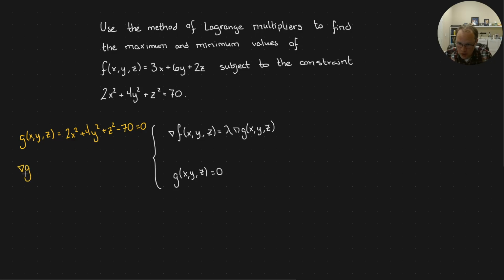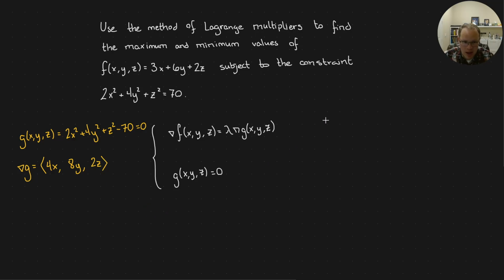And then we need the gradient of g. Now we will have 3 partial derivatives. In fact, we have enough of them that let me give myself a little more room and omit the (x, y, z) part of the function. Partial derivative with respect to x is 4x, with respect to y is 8y, and with respect to z is 2z.